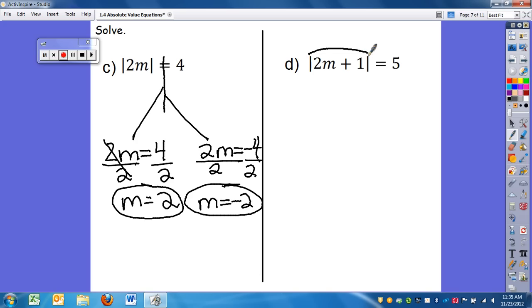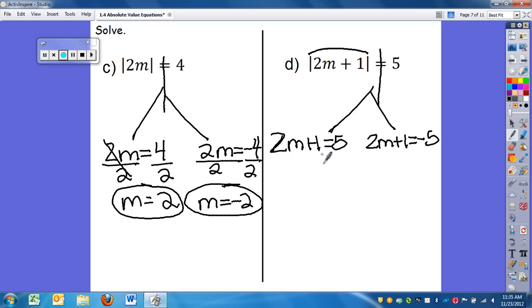All right, last one, similar to the ones we've already done. Again, I have the absolute value sign by itself. I'm going to write my two equations. I have 2m plus 1 equals 5, and 2m plus 1 equals negative 5.